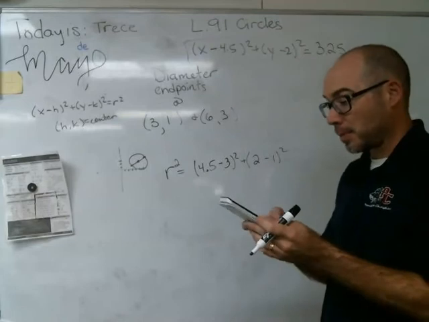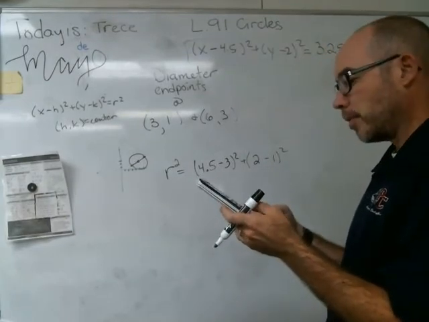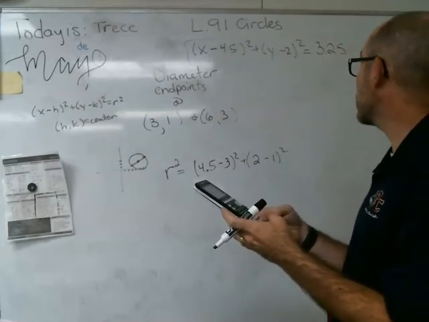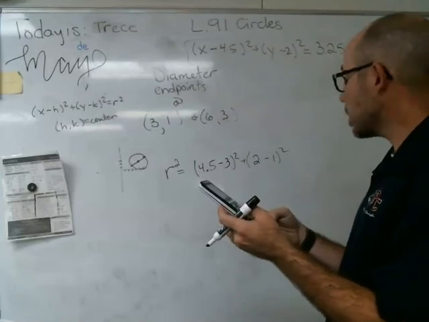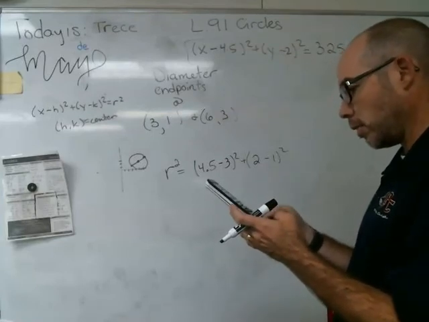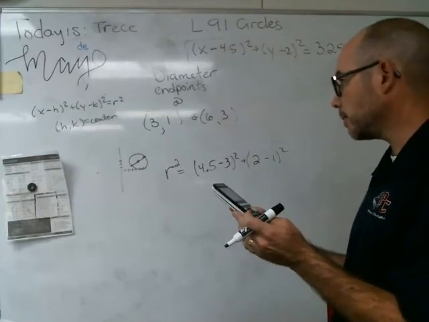And then I can go apps, conics, circle, pick that form. H is 4.5, K is 2, and the radius is the square root of 3.25, which it converts for me. And then I graph it.